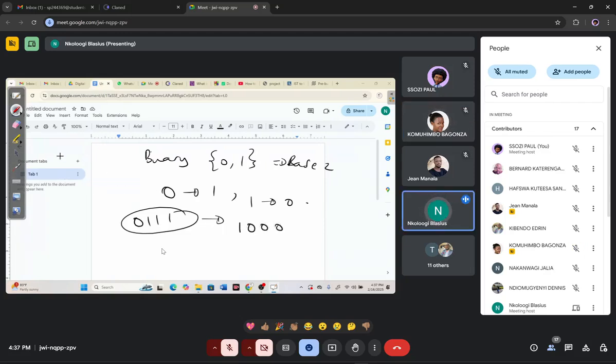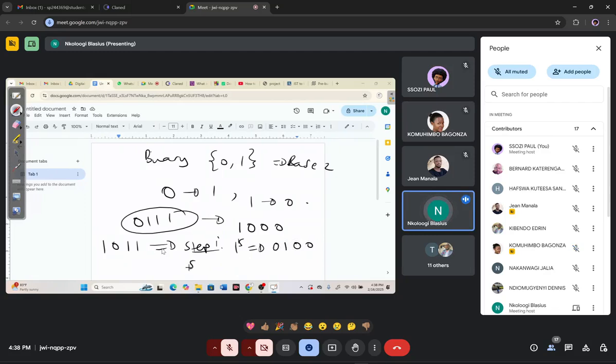So what about if I wanted a two's complement for this number 1011? Step 1, I said we get its first what? Its one's complement. What will be its one's complement? Its one's complement would be 0, 1, 0, 0.